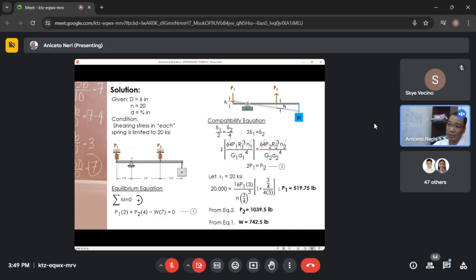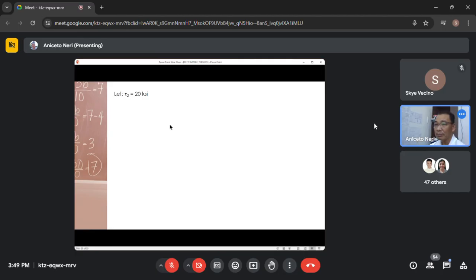So the next condition is if the stress in spring number 2, the right spring, is equal to 20 KSI. The same formula: 16 PR over pi d cubed quantity 1 plus d over 4r. And our P2 is 519.75.